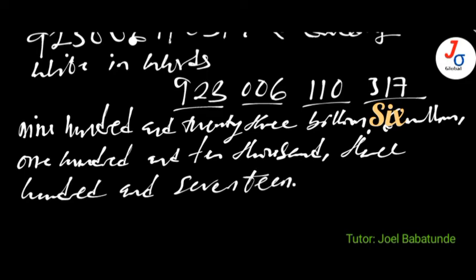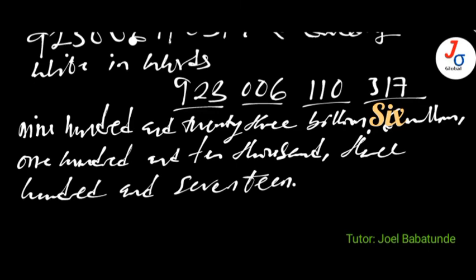Good. So this is how to write this in words. First things first, you rearrange it, write it in the proper way starting from the back, in threes, and then you write it in words. That's the best way to do that.